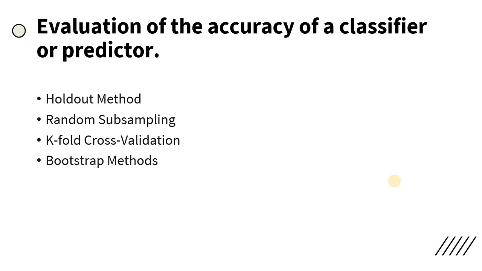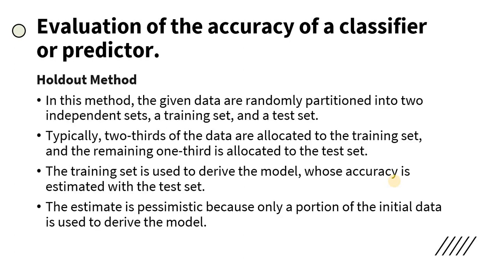The first one is the holdout method. In this method, the given data is randomly divided into two independent sets, training set and test set. For any classification algorithm we use two data sets: first a training data set and second a test data set.